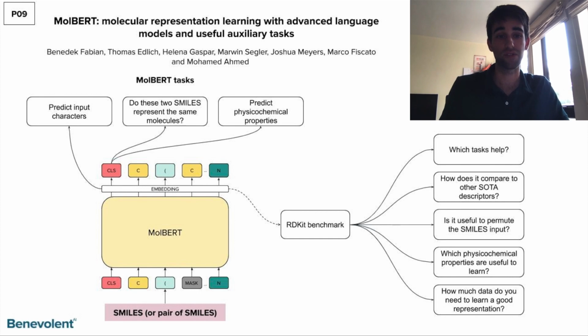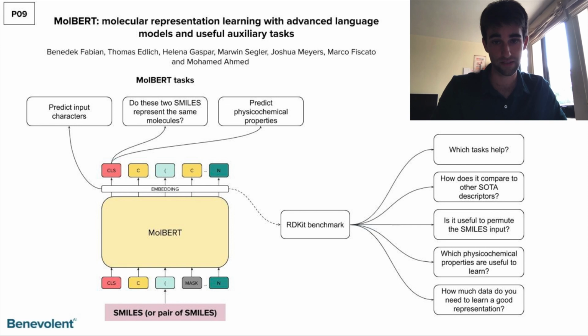In our use case, as has been done in previous works, we reinterpret these language models. Instead of sentences, we use SMILES strings, and instead of words, we have the various characters that represent the atoms and the bonds in the molecule. In the natural language processing case, other than learning to predict the masked tokens, there are various tasks you can train BERT on: sentiment analysis, question answering, or predicting whether 2 sentences follow each other or not.